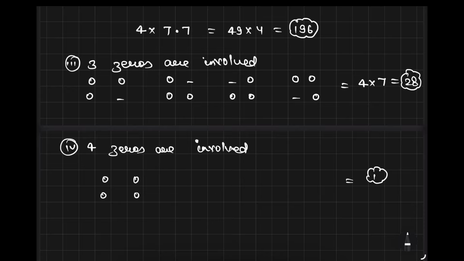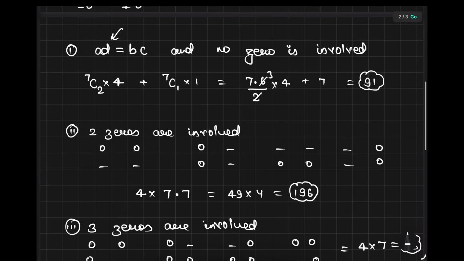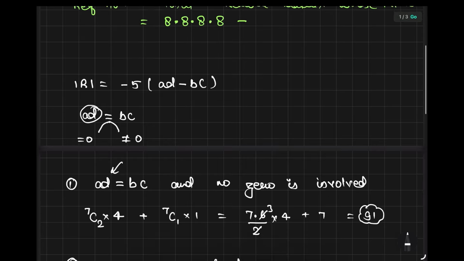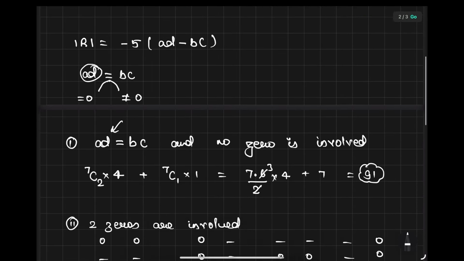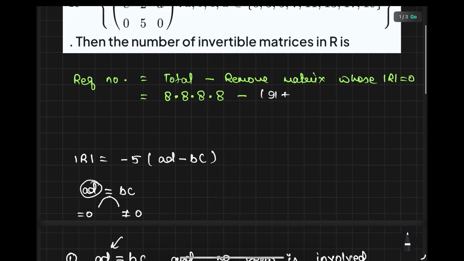So out of all ways, you are left with this many cases. So we will subtract 91 plus 196 plus 28 plus 1. Okay, so if you add everything, you will have 8 to the power, 64 squared minus 316.